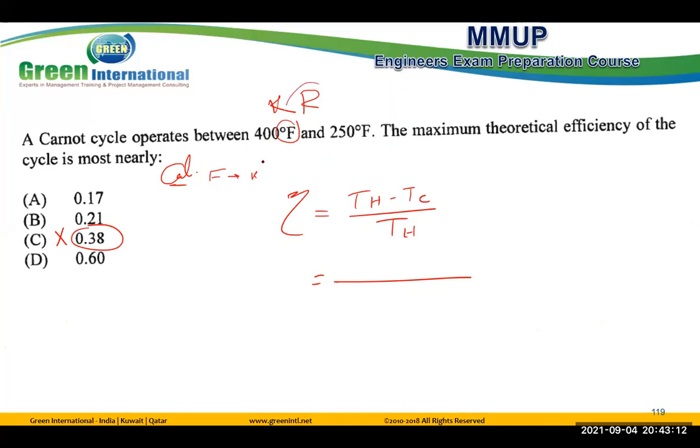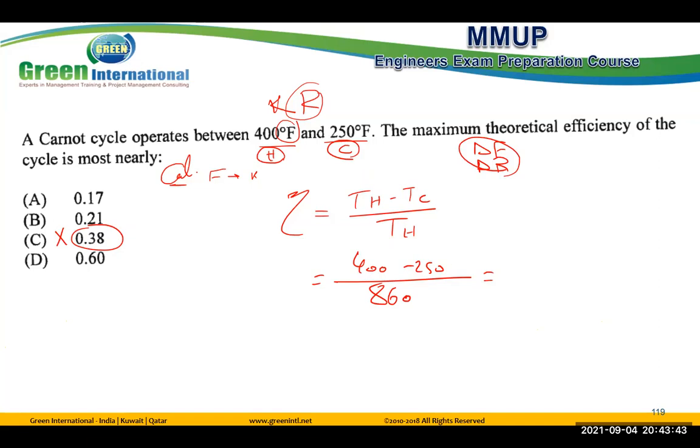I will use Rankine. If I use Rankine, I add 460, so this one would be 860, because this is the hot side, and this is the cold side. And above I can use it as it is, 400 minus 250. Why? Because the difference, delta Fahrenheit, is the same as delta Rankine. There's no problem with that. So get this answer.